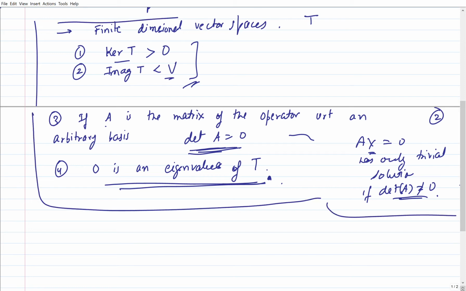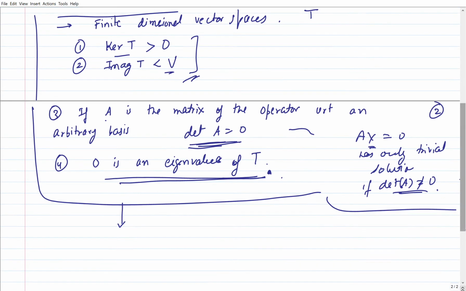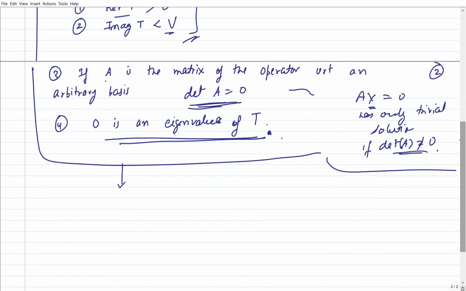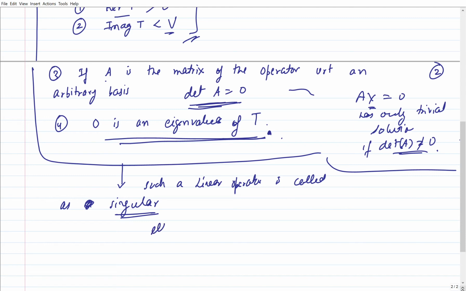If any of these four conditions holds, then such a linear operator is called singular, else it is called non-singular.